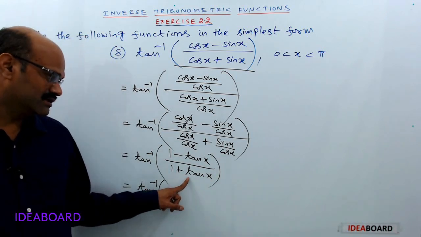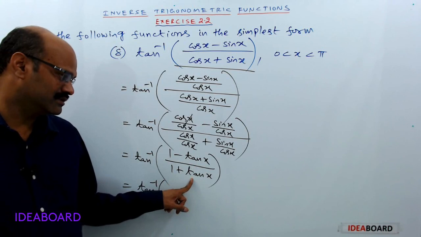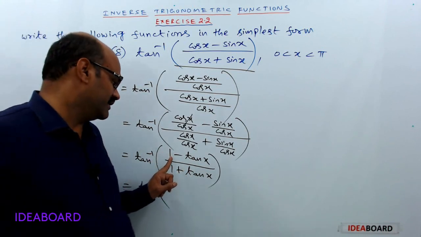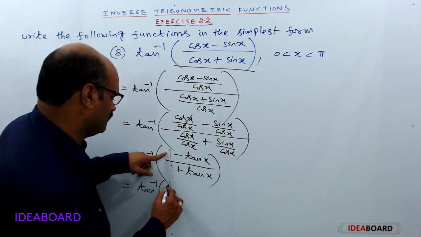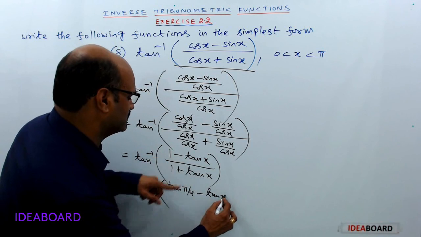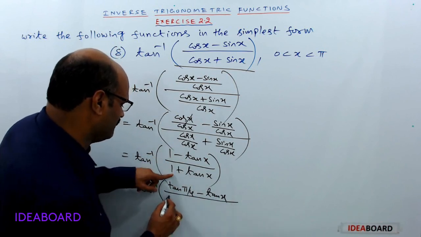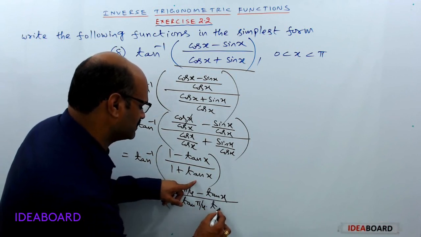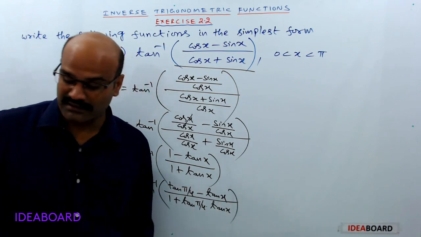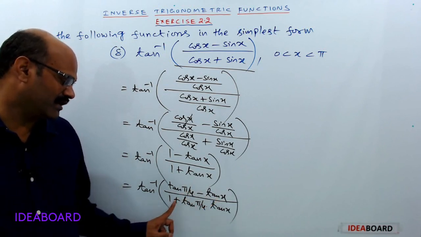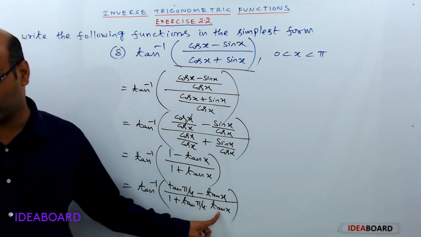here this can be written as tan of (pi by 4 minus x). It's equal to, tan pi by 4 is 1, so it's equal to (tan pi by 4 minus tan x) upon (1 plus tan pi by 4 into tan x). Then it's in the form of (tan A minus tan B) upon (1 plus tan A into tan B).